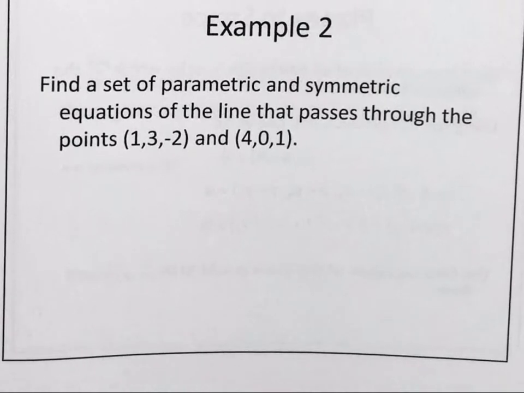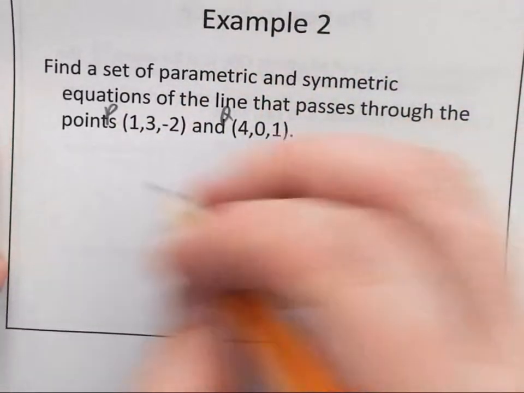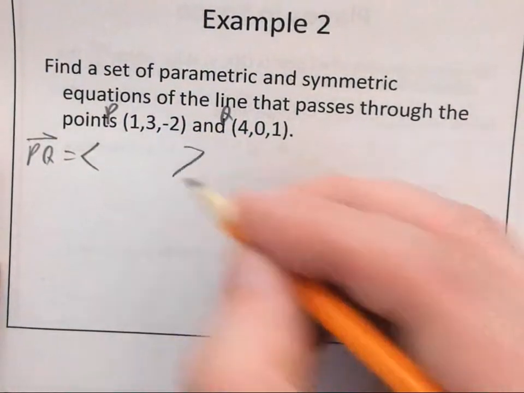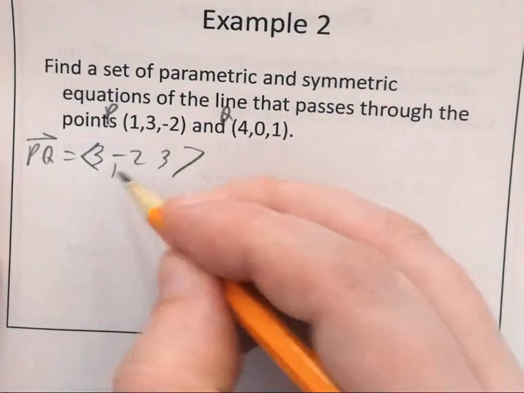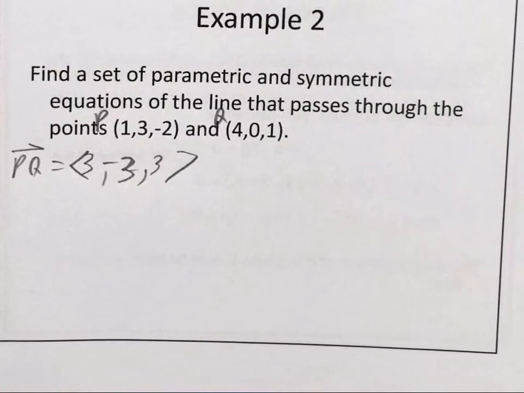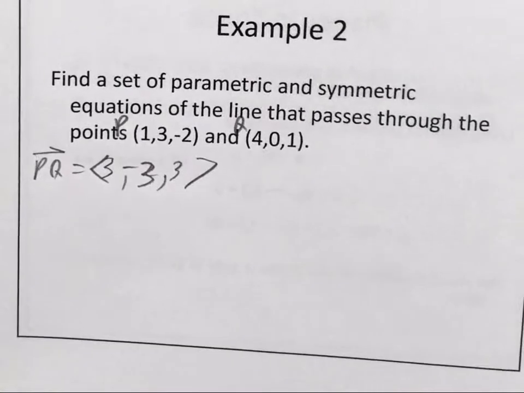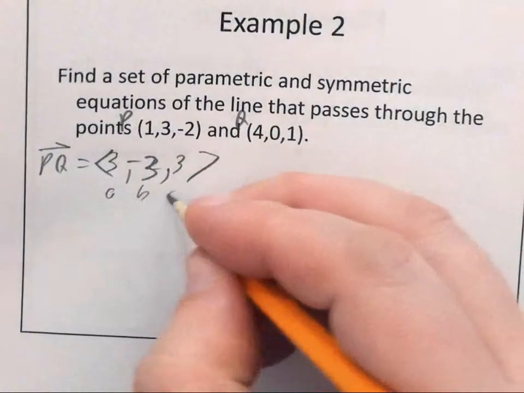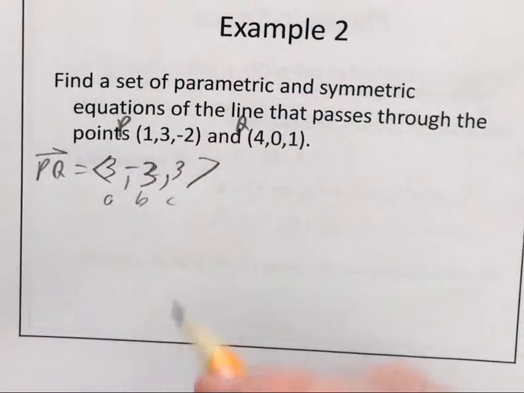If I label this as P and this as Q, then I'm looking for the vector P to Q, which would be 3, negative 3, 3. So then what? This will be the ABC. Does it matter which one I actually use? No, it does not matter which one you use.